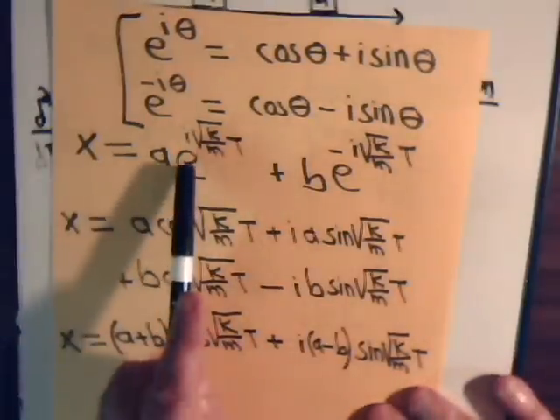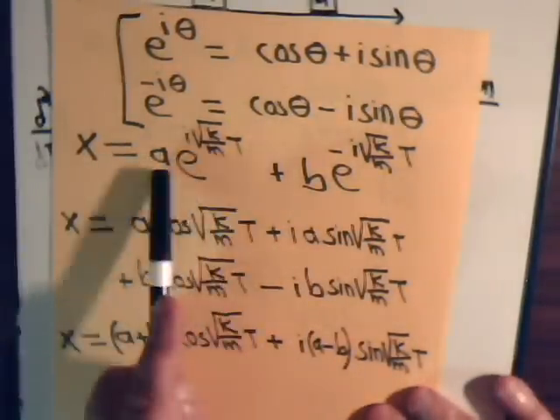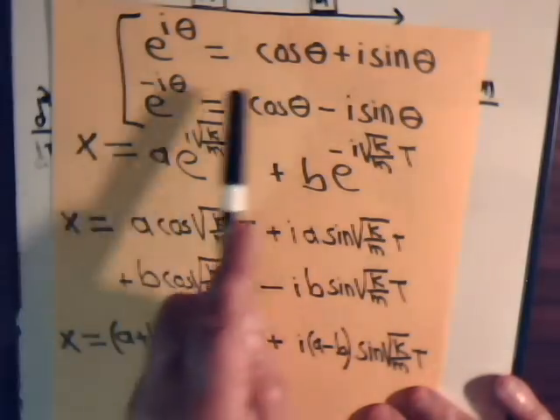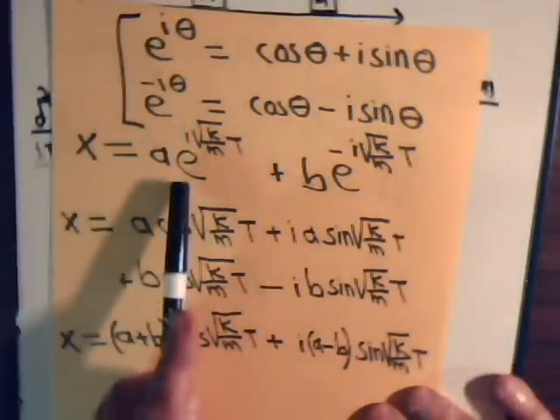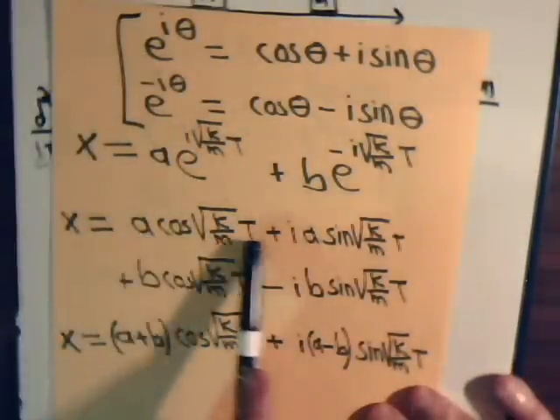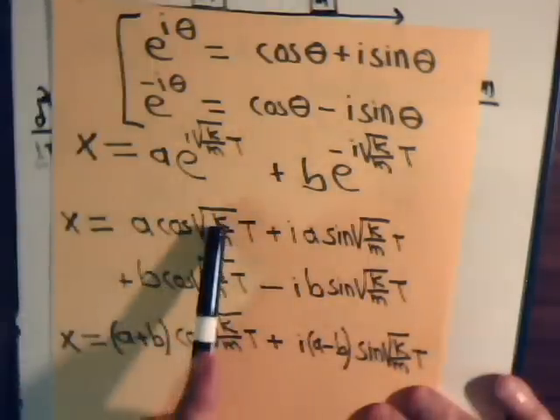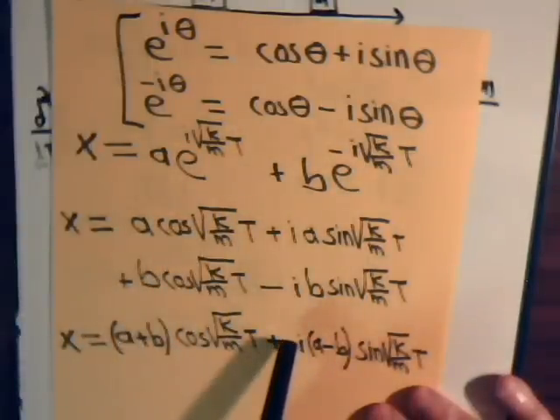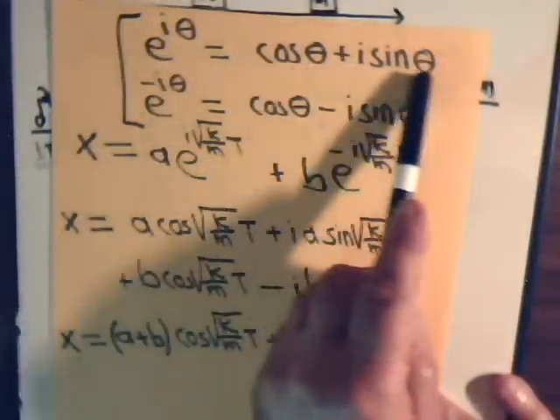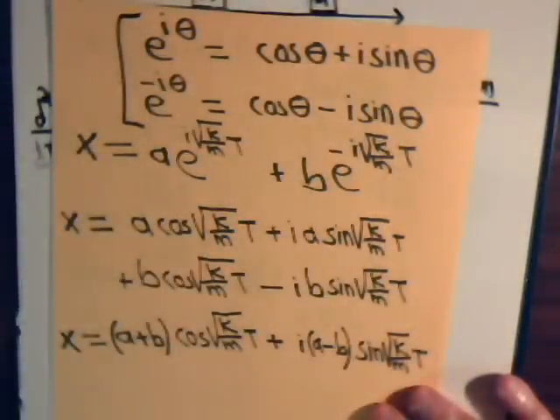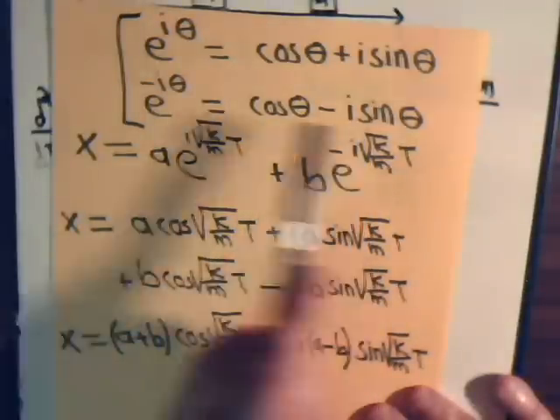Now, x we had written like this. So here we have plus i, the square root of k over m times t, multiplied by a. So we're going to use this relationship here. So this turns into a times the cosine of this, plus i times a times the sine of this, according to that equation. And then here we have minus i times the sine of theta.